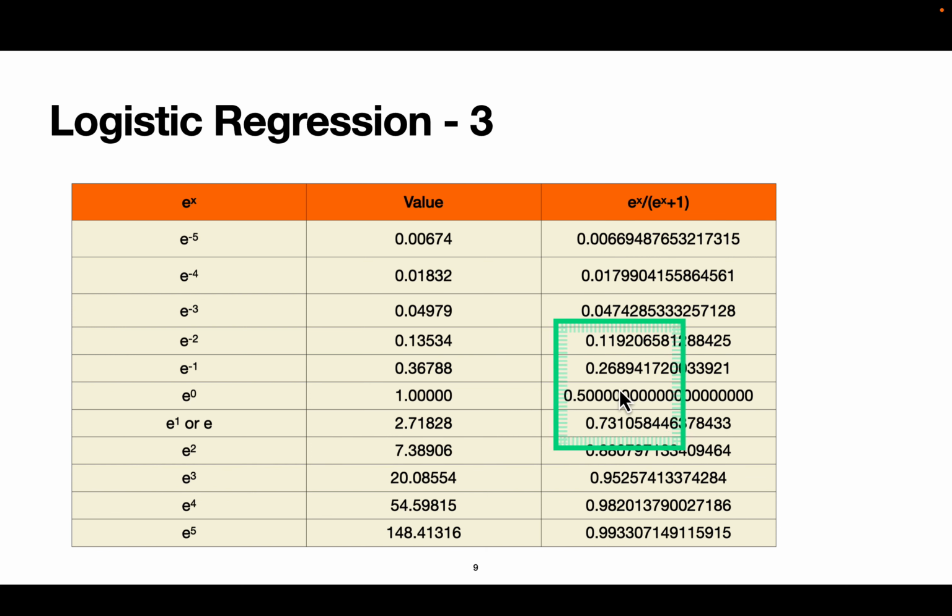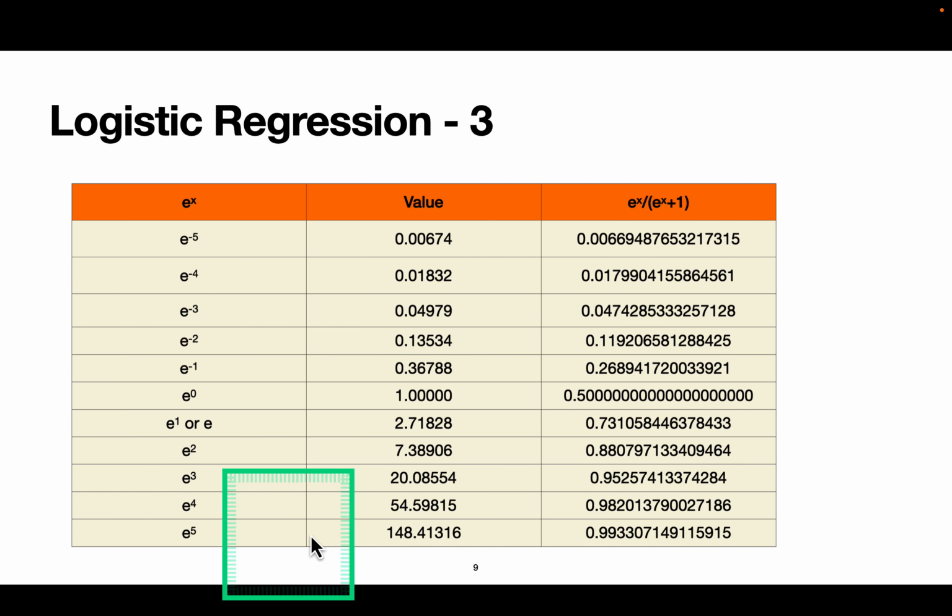You will see when e is raised to the power of minus 5, the value is very close to 0, 0.006. Then it goes up: 0.01, 0.04, 0.11, 0.2. Then it comes to 0.5, which is half. Then at 1 it will be 0.73, at 2 it is 0.88, then 0.95, 0.982, 0.99.